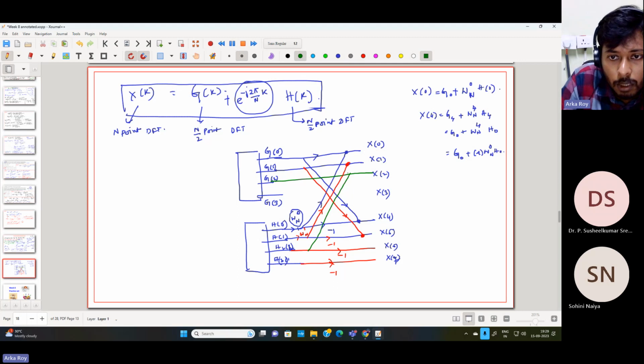So over here the butterfly will be like this, and here it will again have the same structure.